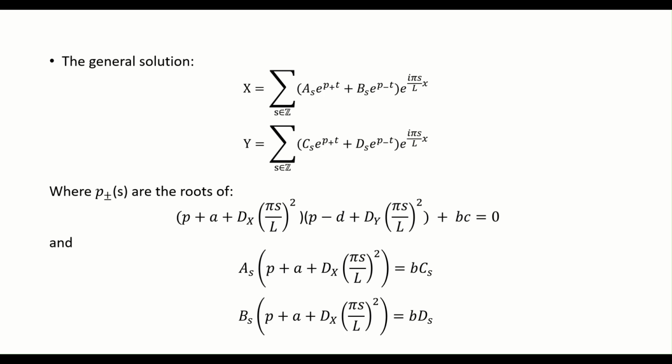Remember we had e to the power p plus or p minus times t in the time part of the equation. What happens is, let's say the roots are complex, because the quadratic equation, right? So let's say if the roots are complex and the real part is, let's say, 0 or negative. If it's a negative case, it can be easily imagined, because if it's negative, it implies that it would go down exponentially at t equal to infinity, and it will go down to zero. That is, there is an exponential decrease, or rather a negative growth, as we would say. So that is why we don't want that thing to happen.